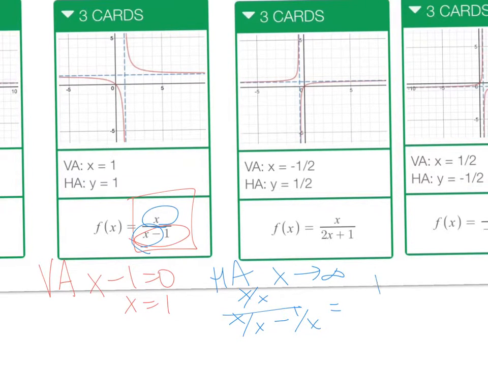And what I end up with is 1 on the top and 1 minus 1 over x on the bottom. So this is an equivalent comparison. As we look at this one, as x gets very large, this term goes to 0, and I'm left with 1 over 1. So the horizontal asymptote is 1.